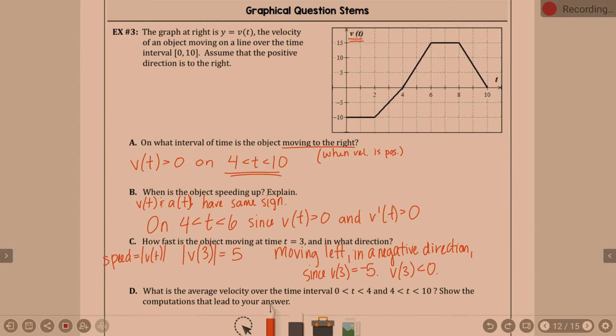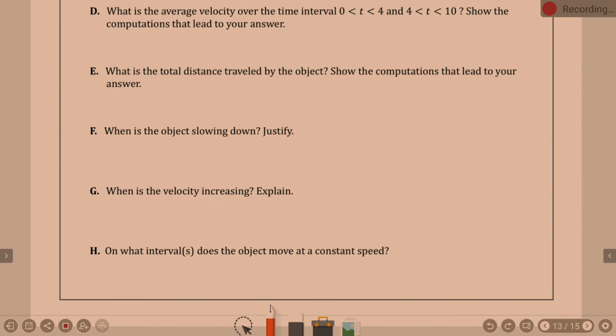I'm going to have to go back and forth between pages here. Now, the tricky part about this is we don't have a position graph here, do we? We have a velocity graph. And that's what we have to be aware of.